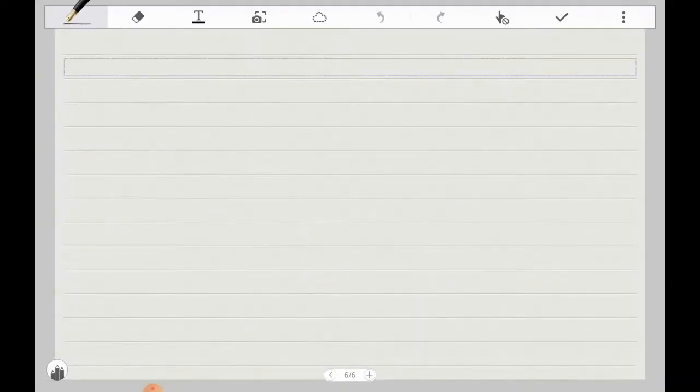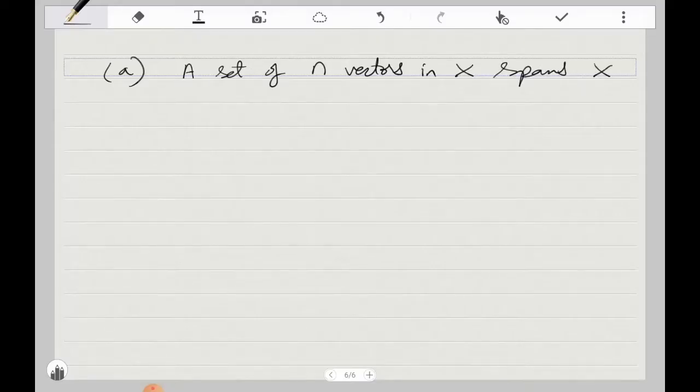Well, a set of n vectors in X, this n is the same as the dimension of the subspace, spans X if and only if the set is linearly independent.